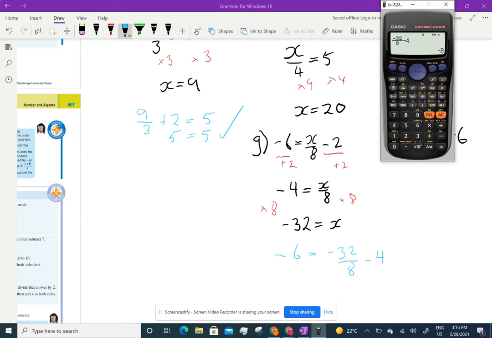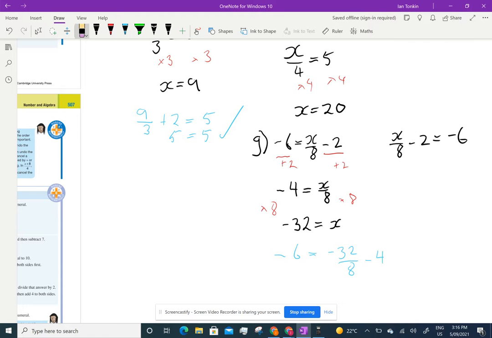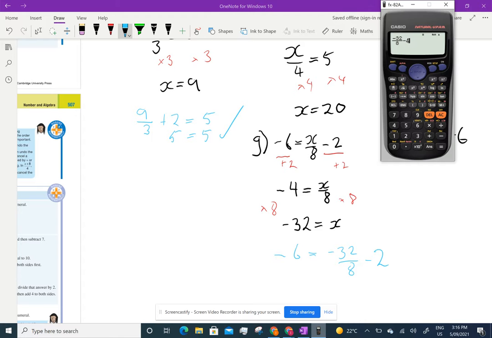Oh, we've done something wrong here. Oh, that's it. It's not minus 4. It's minus 2. Let's go back to our calculator. Much better. There we go. I don't know where I pulled that 4 from.